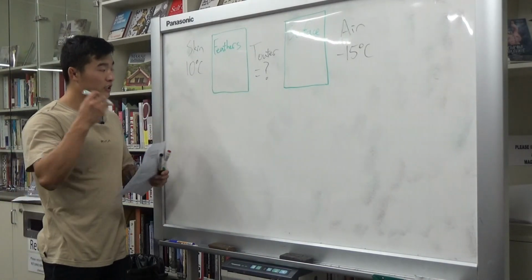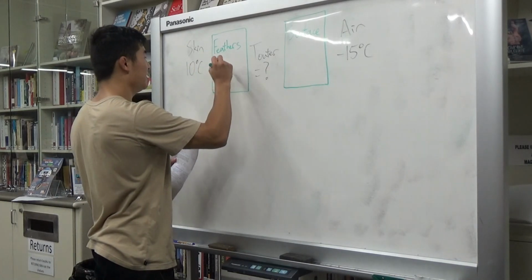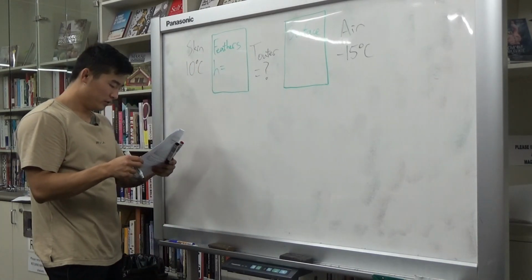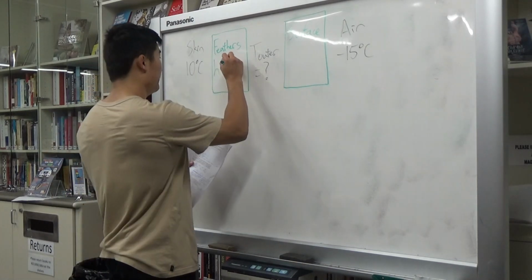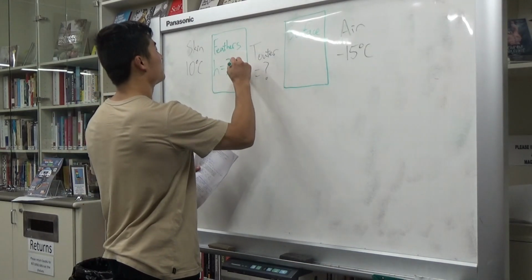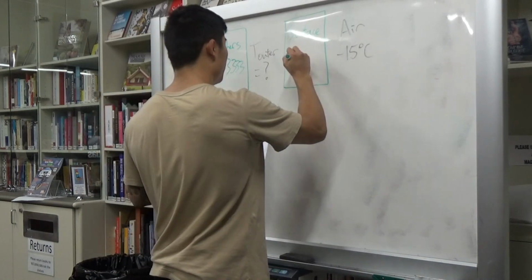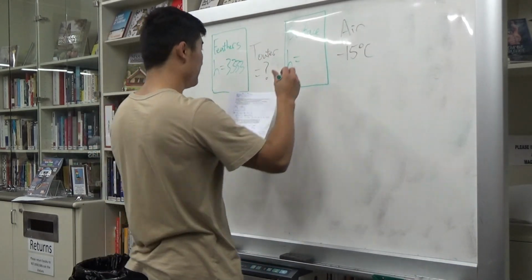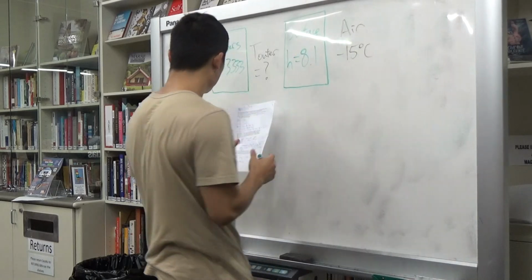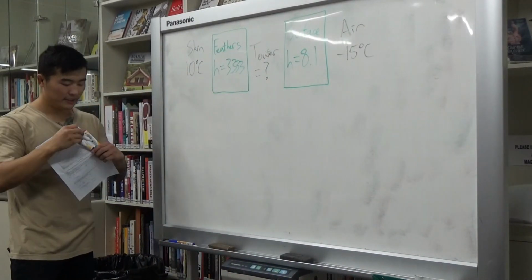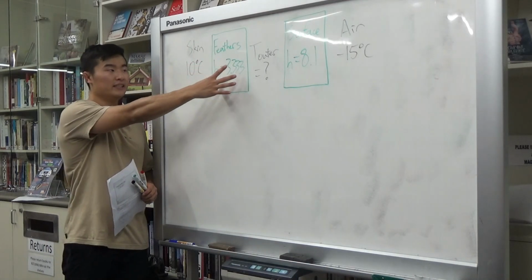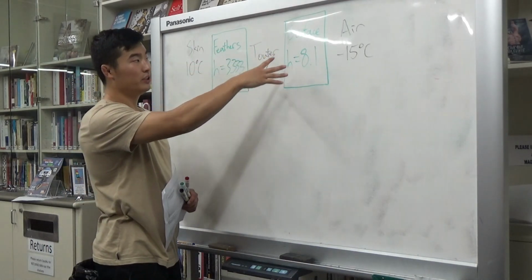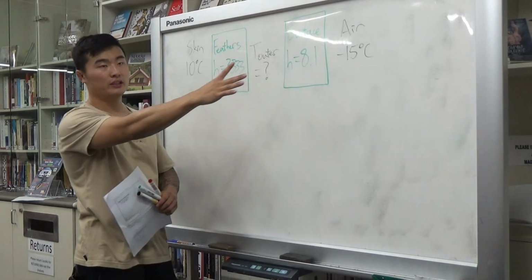And h of the feathers is equal to k over d. So that's 3.333. And the h of the surface is equal to 8.1. Okay, and again, the rate of heat transfer through the feather layer is going to be equal to the rate of heat transfer through the surface layer.